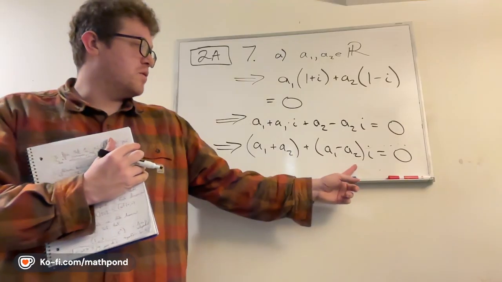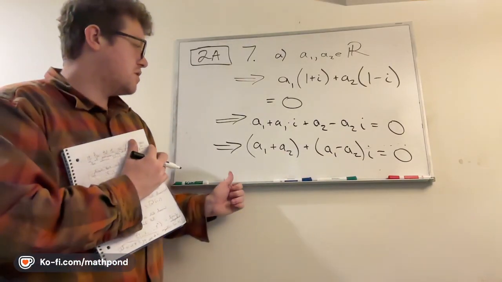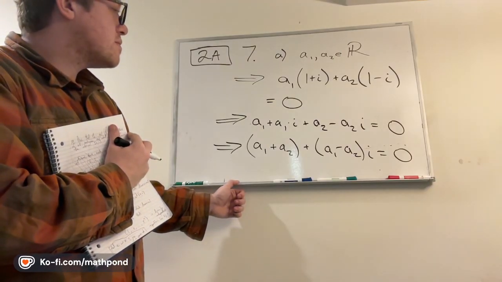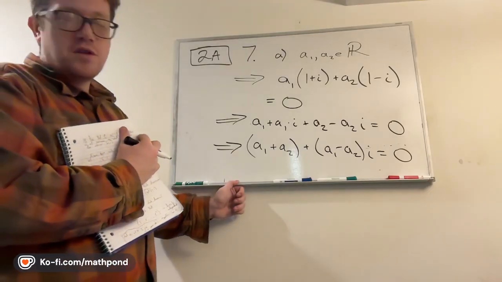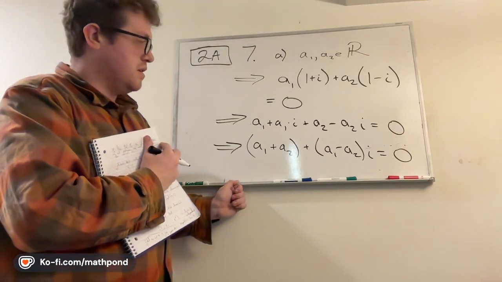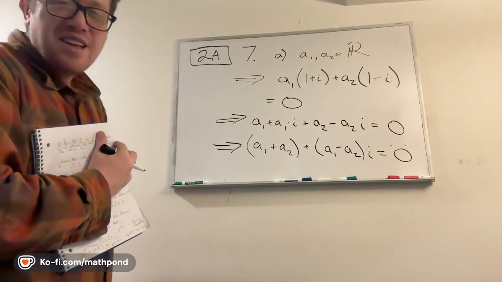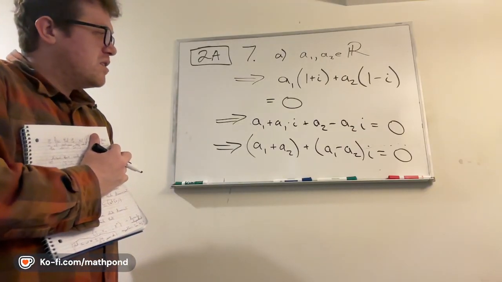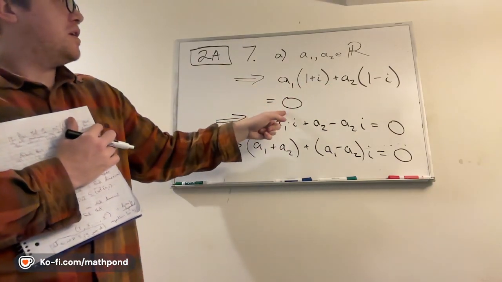a1 and a2 are both 0, because... wait, why is that true? We're trying to show that a1 and a2 are both 0. So why is that the case here? I'm actually a little confused myself. So I took some linear combination of them equal to 0.